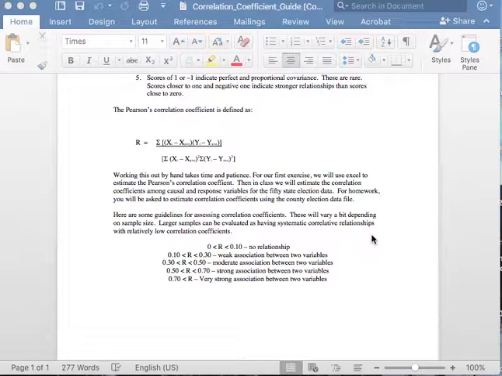At the bottom here, I've given you some guidelines for assessing relationships. A Pearson's correlation between 0, and by the way, these are symmetrical. So in this case I'm using direct relationships, but for inverse relationships, it's the same basic parameter values, except they're negative numbers instead of positive numbers.